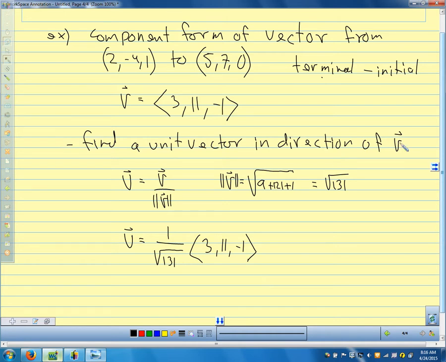Yes? Why is it 1 over the square root of 131? Because we want to divide by the magnitude. So I'm dividing this by this.